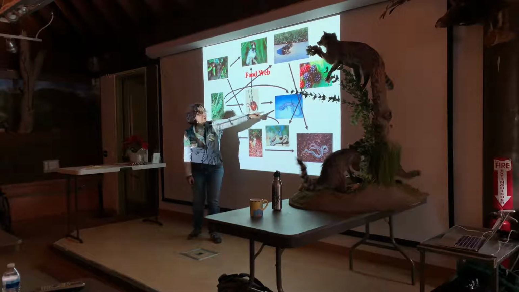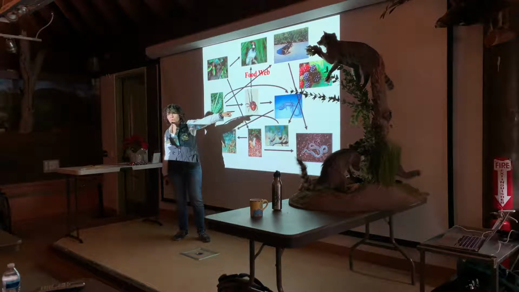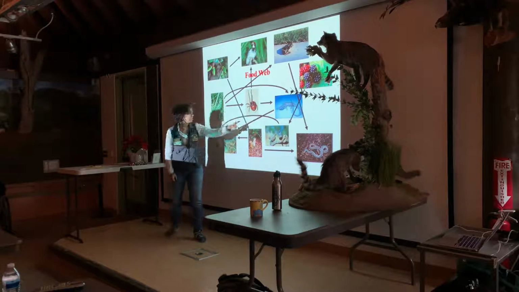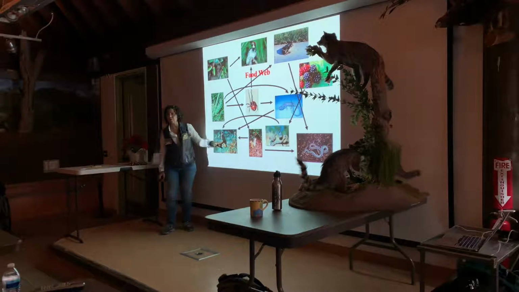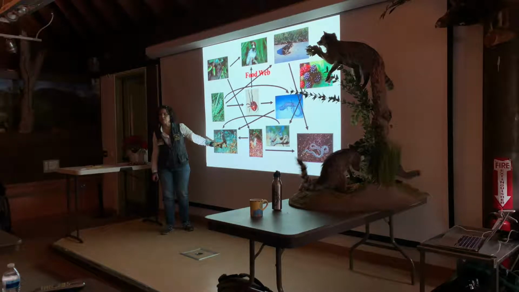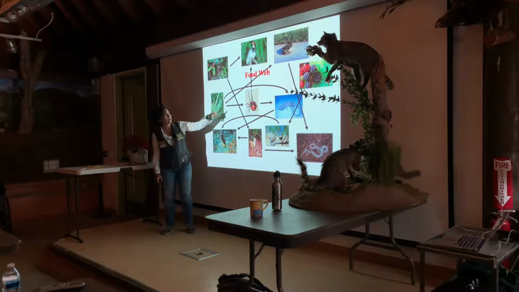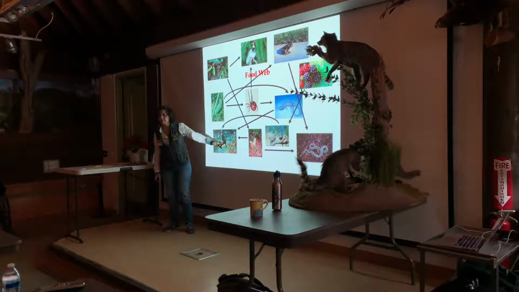So that's a second level predator. And then actually those can be eaten by hawks, right? So that's now a third level predator, or fourth level of animal. So now that tertiary predator is an apex predator.